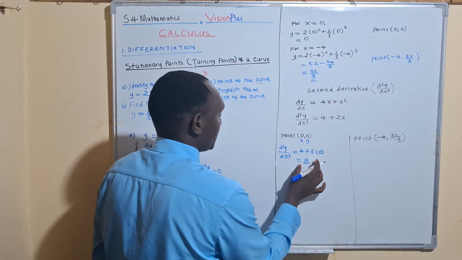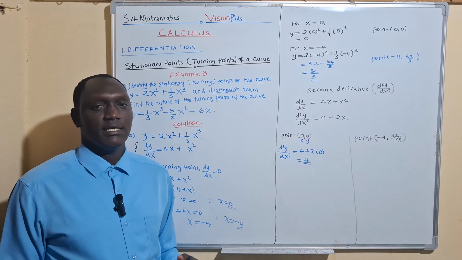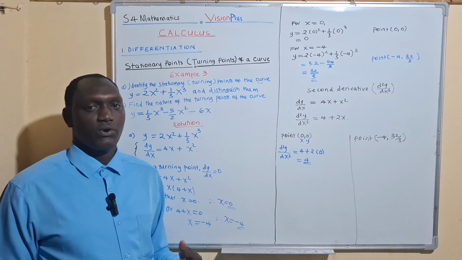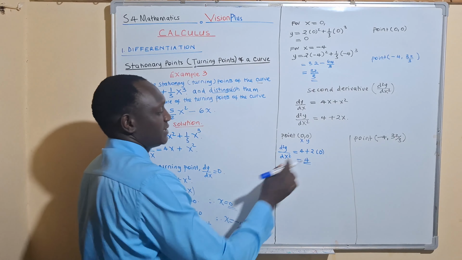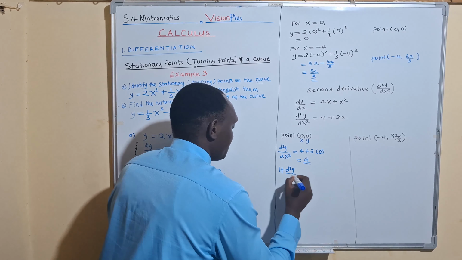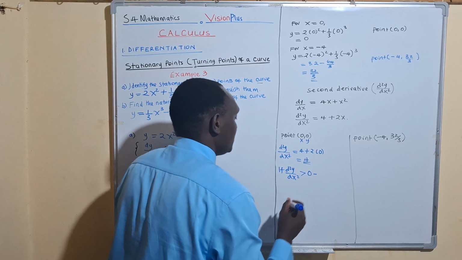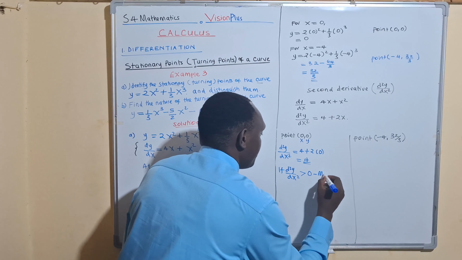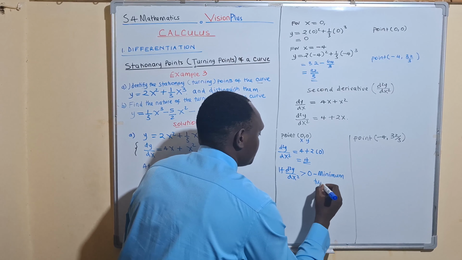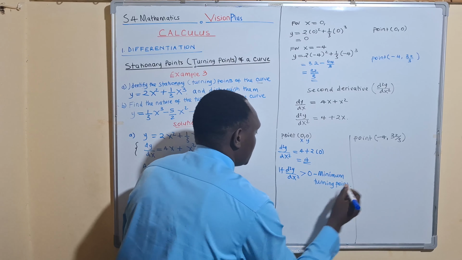Now we have got 4 in the second derivative. Then we judge, is 4 more than 0, equal to 0, or less than 0? 4 is more than 0. So we say that if d squared y over dx squared is more than 0, then we have a minimum turning point, or a minimum stationary point.